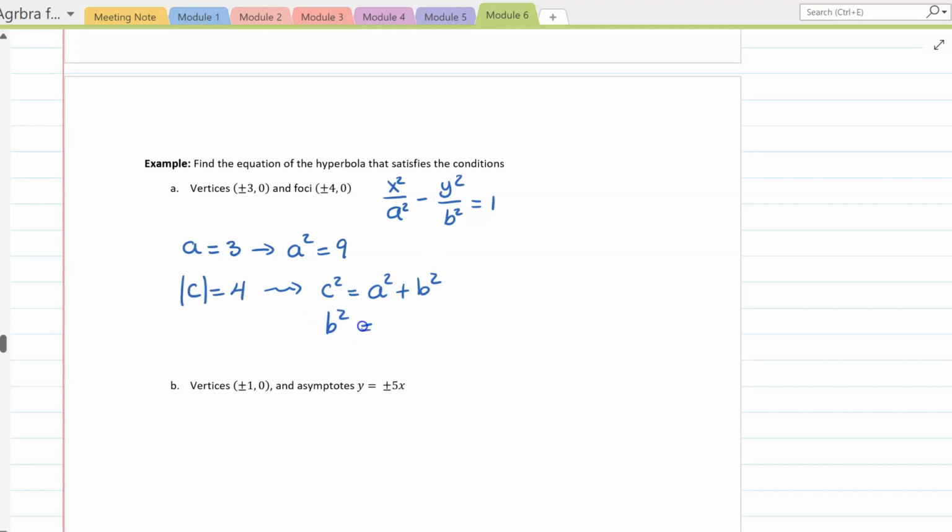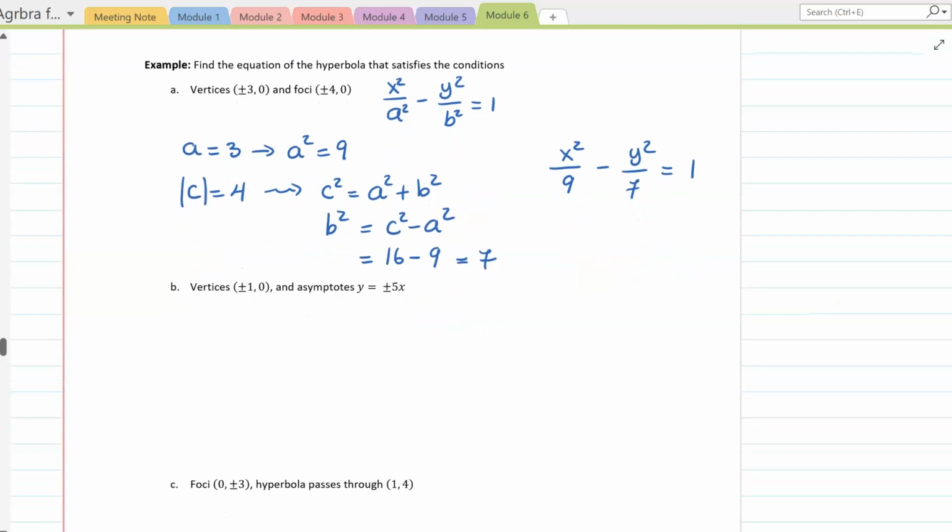So then b squared equals c squared minus a squared, and that is 16 minus 9, equal to 7. So b squared equals 7. Then our equation for the hyperbola in this case is x squared divided by 9 minus y squared divided by 7 equal 1.